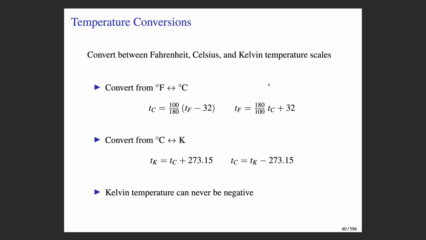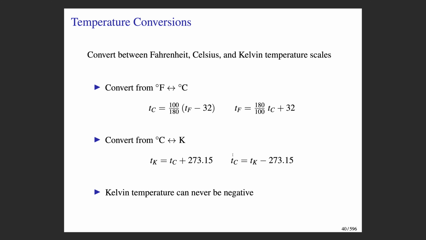On this slide, I've included conversion factors for converting between both Celsius and Fahrenheit and Celsius and Kelvin. The ones that we need to focus on in this course are the temperature conversions between Celsius and Kelvin. And so this is something that you need to know by heart. You need to be able to convert a temperature in Celsius to a temperature in Kelvin. You do that by adding the number 273.15. You also need to be able to go the other way.